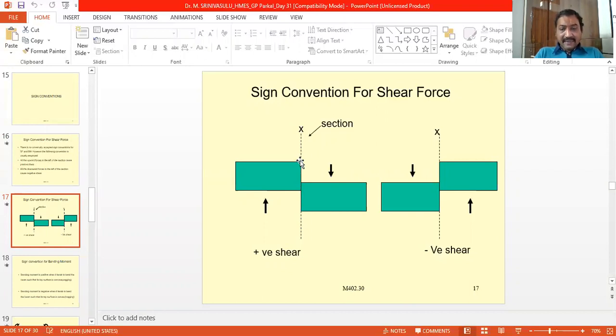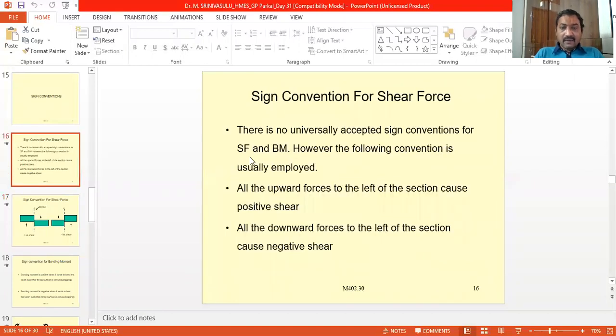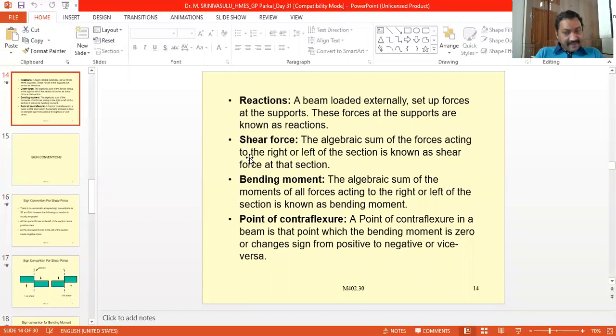This side is called the right of the section, and this side is called the left of the section. By definition, the algebraic sum of the forces acting to the right of the section or to the left of the section is known as the shear force at the section.